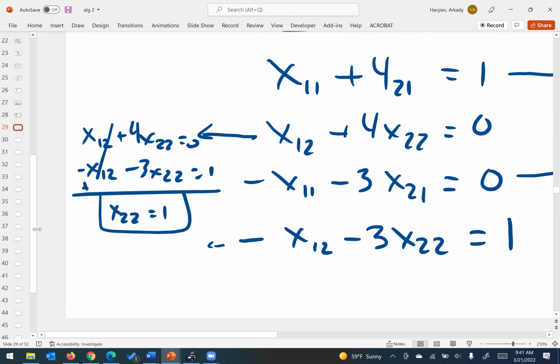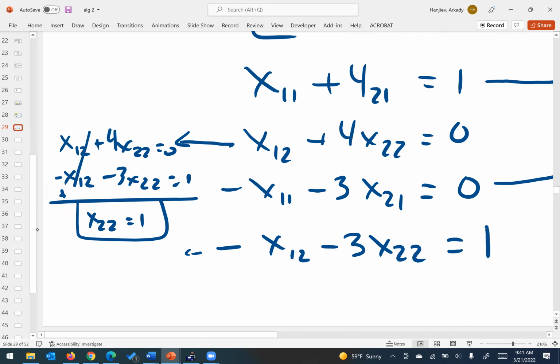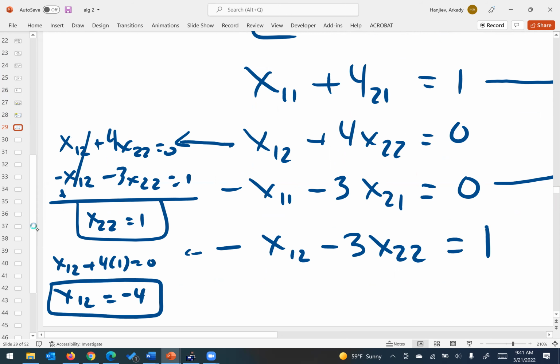That's the case. Plug it back into the top. A -4, that's what I have there. So here's what I got. First column is a -4, 1.